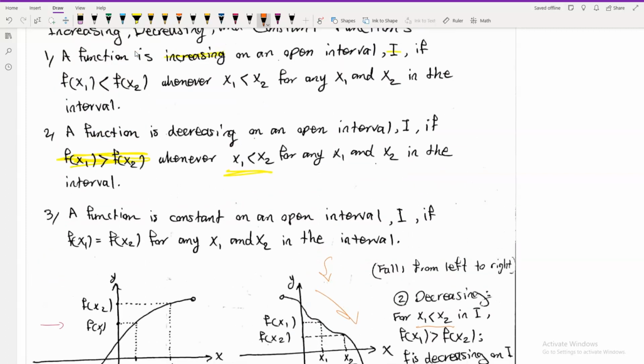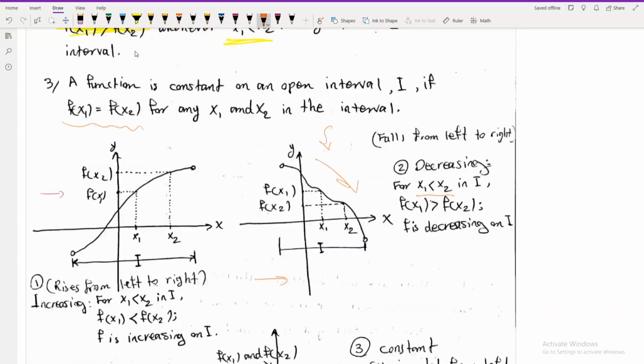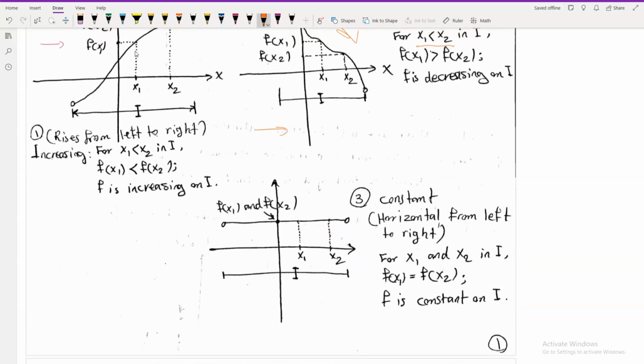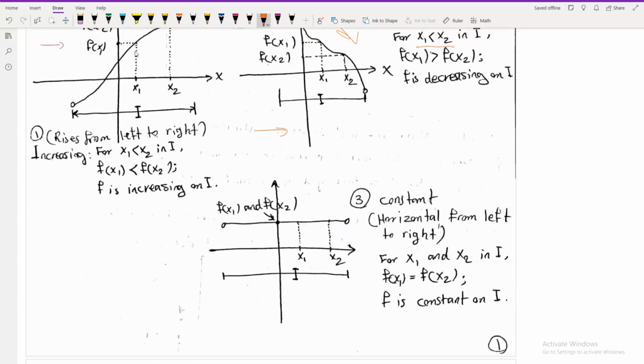Number 3, a function is constant on an open interval I if f of x1 is equal to f of x2 for any x1 and x2 in the interval. So here we have this graph. It doesn't matter what we have for x.